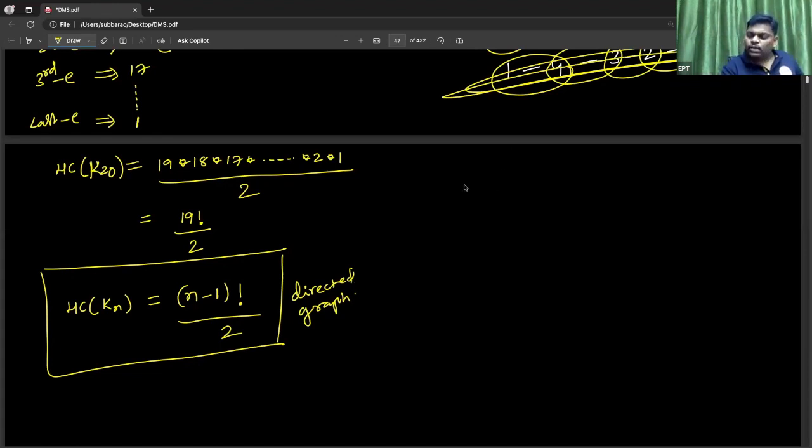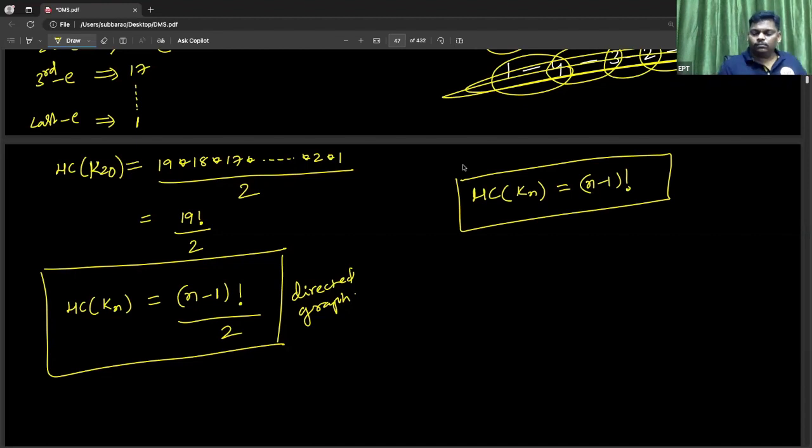Now let's go to undirected. The number of Hamiltonian cycles in Kn is divided by 2, because 1, 2 and 2, 1 are the same. This is for undirected.